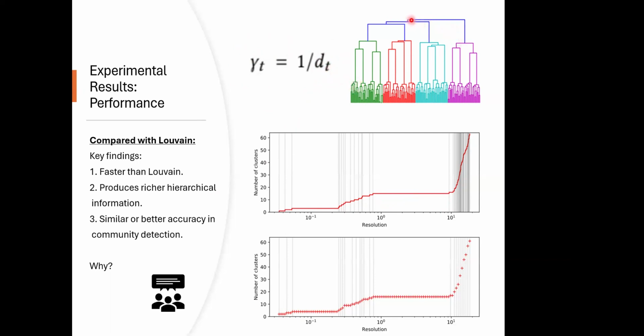So let's say in our last step, dt will be the distance from the top of the spike until the bottom, and for this step, it will be from here to the bottom. We take 1 divided by the distance. That will be our gamma. And that's how we can calculate the gamma related to our algorithm by node pair sampling.